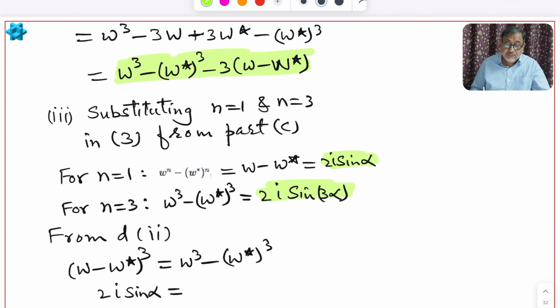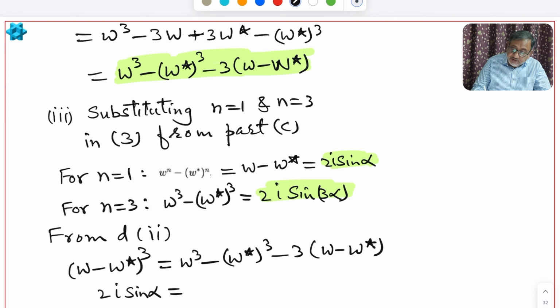And 2i sin 3 alpha minus 3 into, one minute, yeah, here I forgot to write this part also, minus 3 (w minus w conjugate). This one I am writing here on the right hand side.